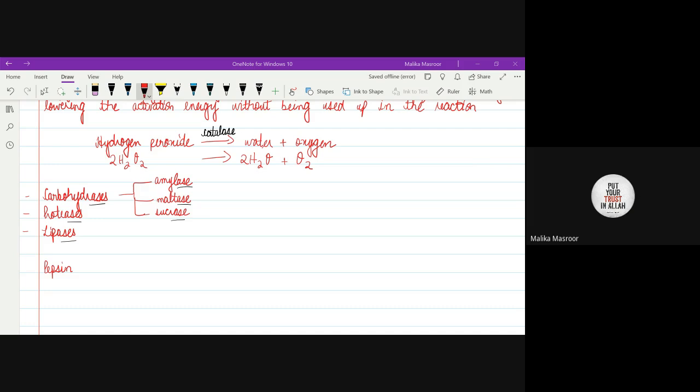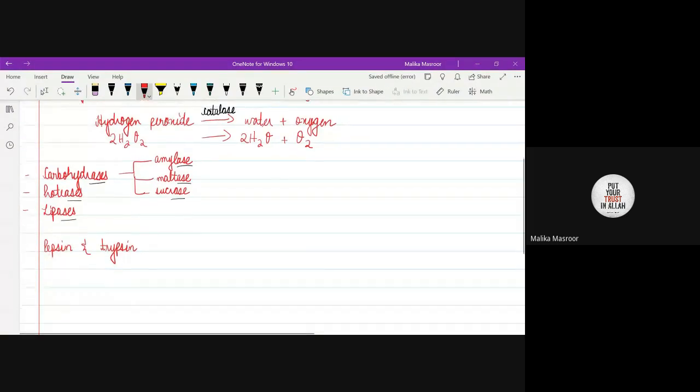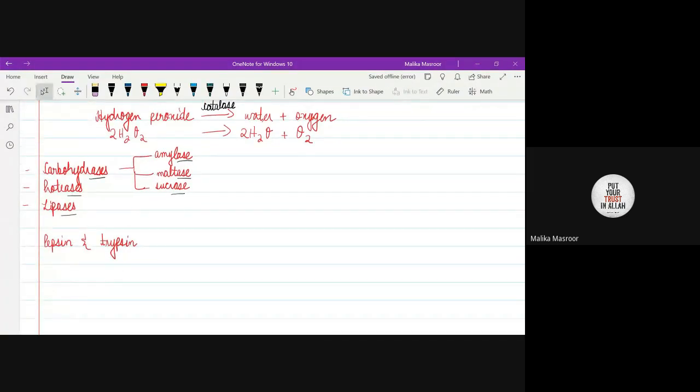I'm asking, it does not end in ASE. I think one of them is called trypsin or something like that. Trypsin, very good, yes. Pepsin and trypsin, okay? These are on your syllabus as well. Right, so naming is clear. Majority end in ASE, but there are some that do not end in ASE. They do not follow the general trend.